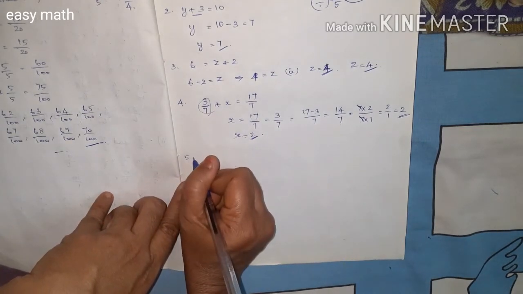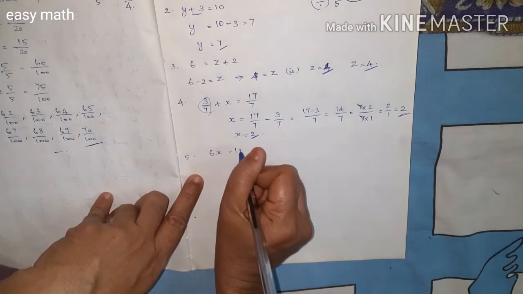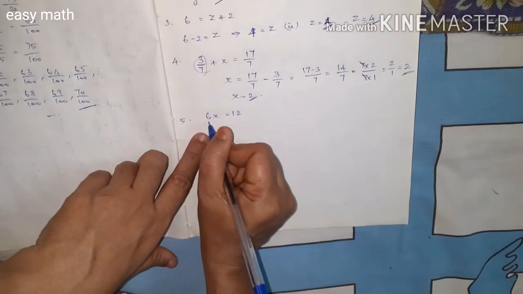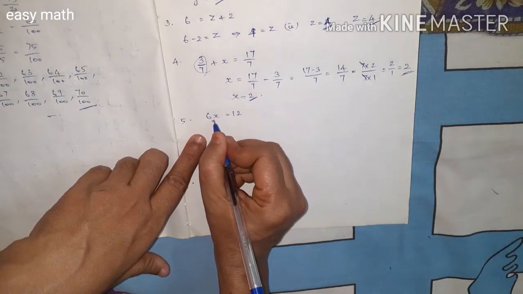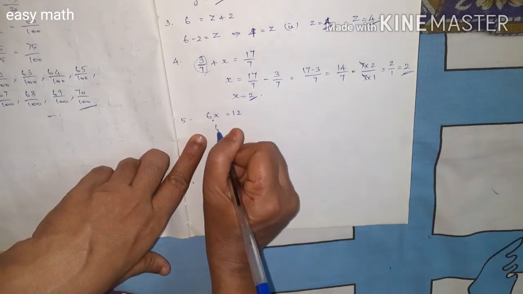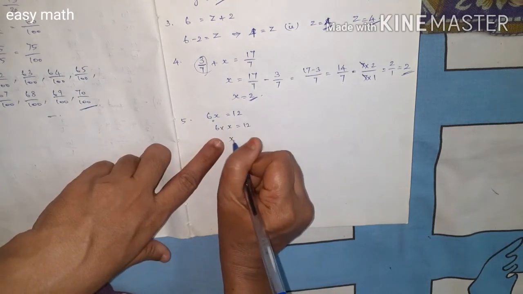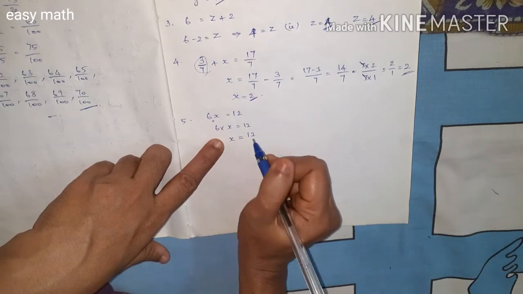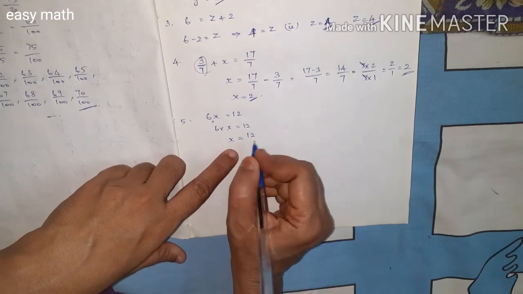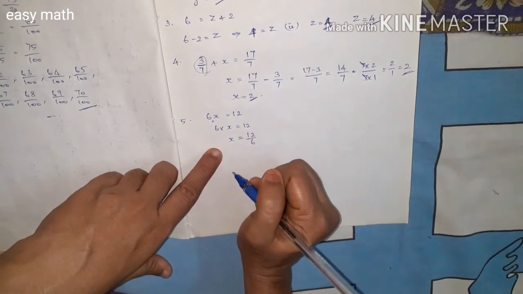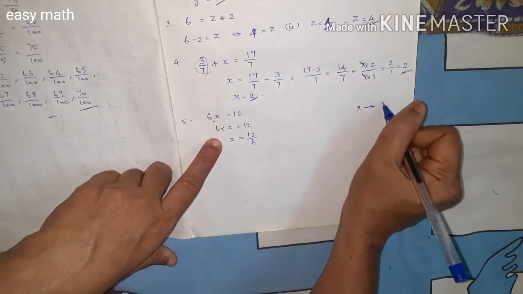Fifth sum. 6x equal to 12. Here 6x means 6 into x equal to 12. Therefore x equal to the same 12, and 6 multiplied, when it comes to the right hand side, becomes divided by 6. Multiply becomes divide.